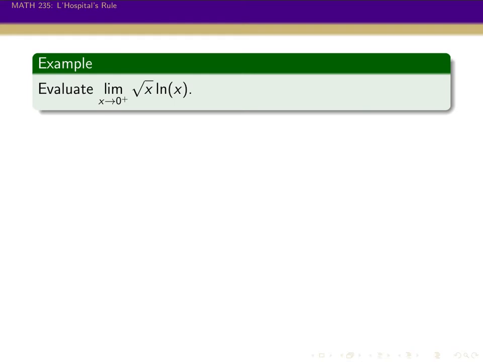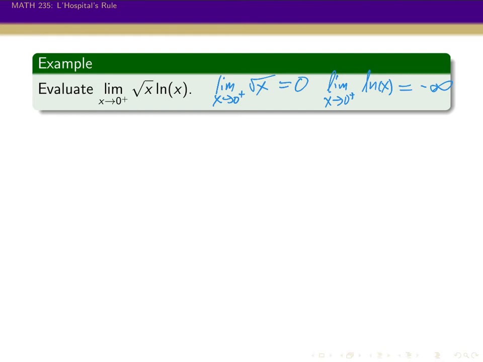Okay, so we're going to finish this off with one more example. So we're looking at the limit of square root of x times natural log of x as x goes to 0 only from the right. And so as we go to the right, square root of x is going to 0. But natural log of x, as we go to 0 from the right, is going to minus infinity, right?